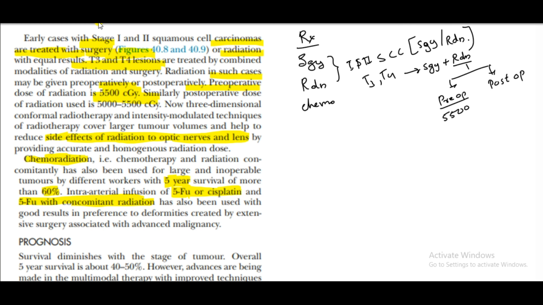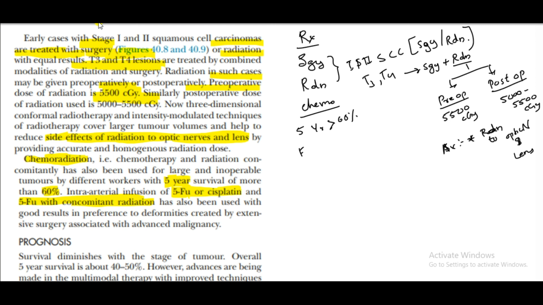Pre-operatively, the radiation dose is 5500 centigray, and post-operatively it is 5000 to 6000 centigray. The adverse effects of radiation are optic nerve injury and lens injury. We have new methods like three-dimensional conformal radiotherapy, which reduces the adverse effects.